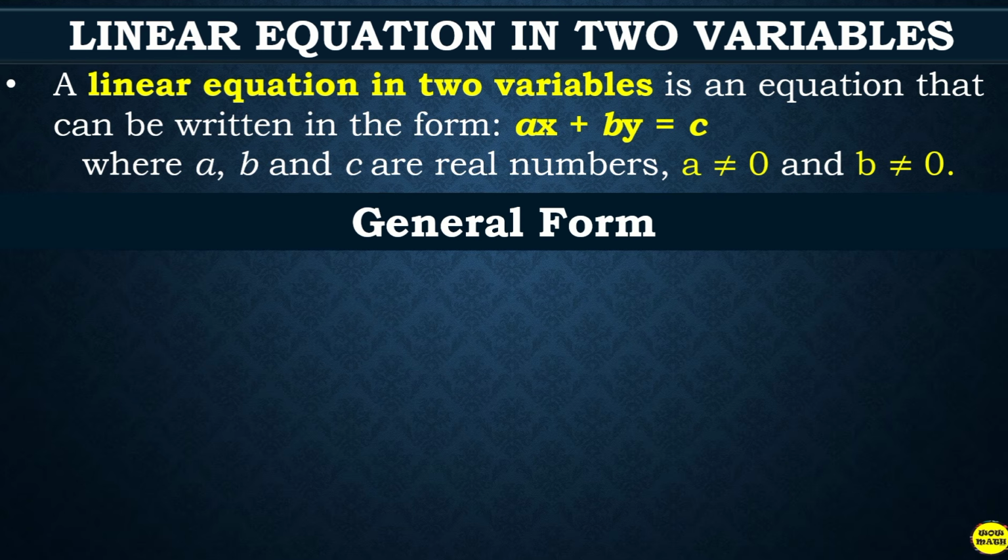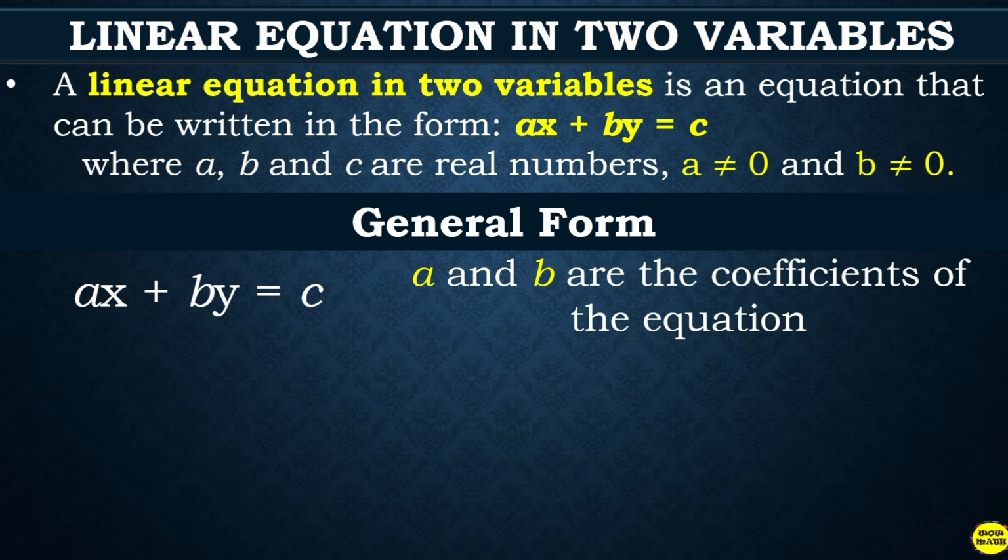So what do we call ax plus by equals c? That is what we call the general form. Now remember that your a and your b here, ito yung tinatawag natin coefficients of the equation.